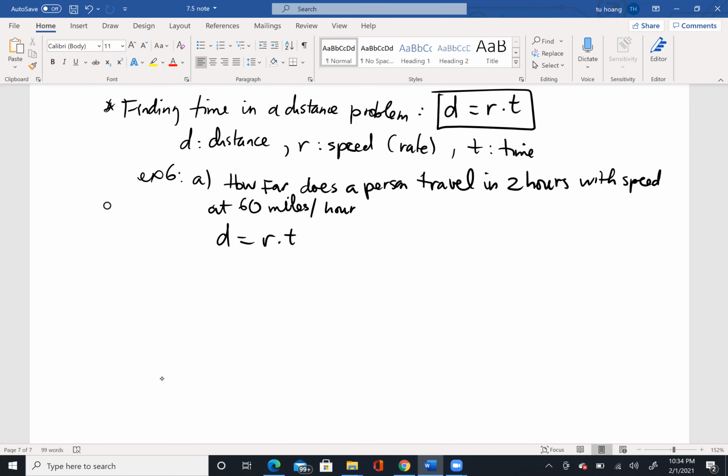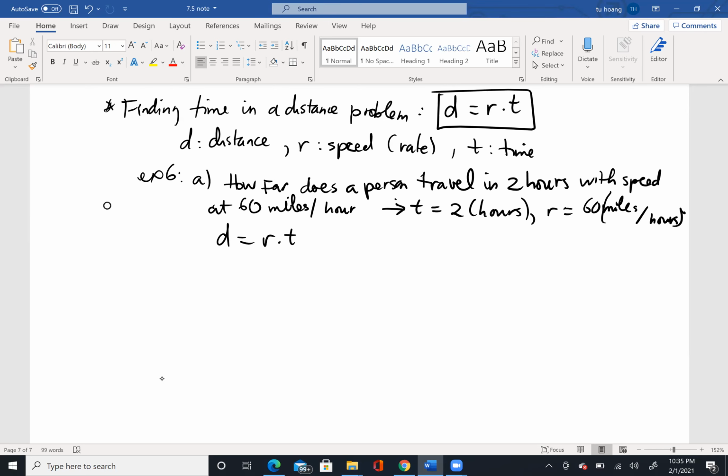T is 2 hours, and the speed, which is R, equals 60 miles per hour.